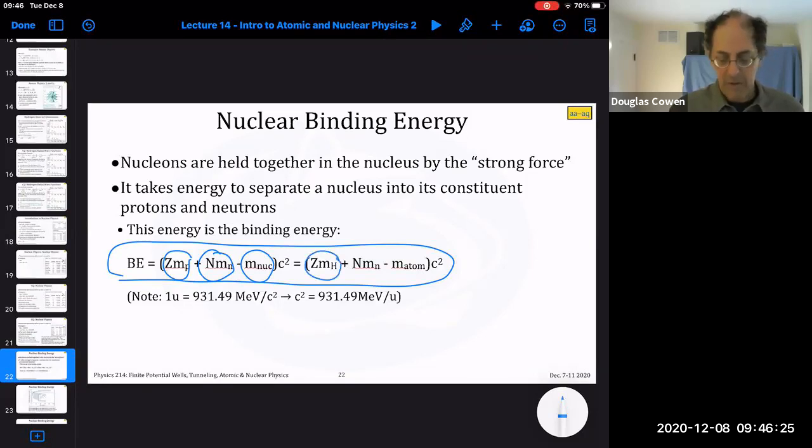Here you have the mass of all the hydrogen atoms that make up the nucleus, and that basically means all the protons in the nucleus plus all the electrons that are around the atom, plus all the neutrons, minus the total mass of the atom.